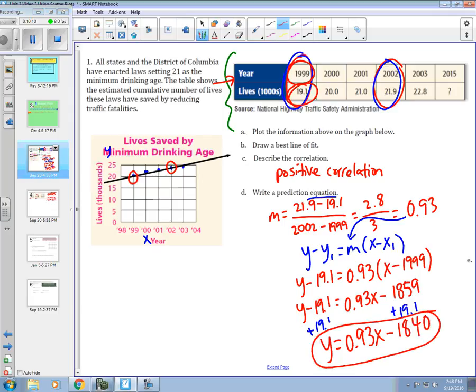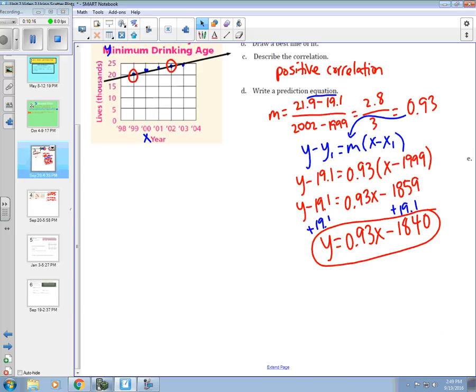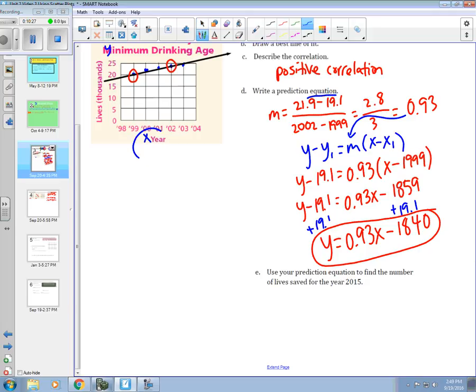So that prediction equation now can be used to help us do the last part of this problem and estimate how many lives are going to be saved here in an upcoming year. And the one they wanted us to find was 2015. So the year, remember, that's our X value over here is the year. We want to take 2015, substitute it in for the X value, and we should have an equation that'll predict out what it should be.